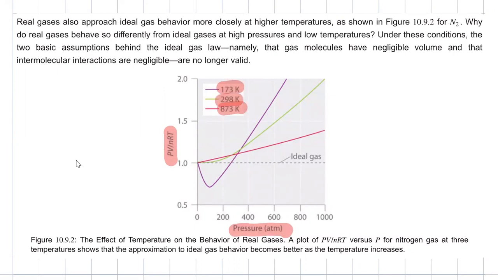The purple curve is 173 Kelvin, a pretty low temperature. The red curve is 873 Kelvin. And what do you notice about the effect of temperature on the behavior of real gases? If the dotted line is 1 on the y-axis, that's your ideal behavior.